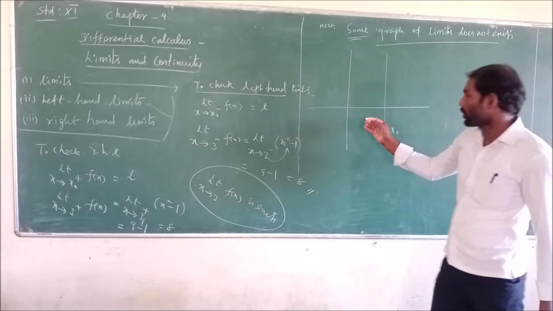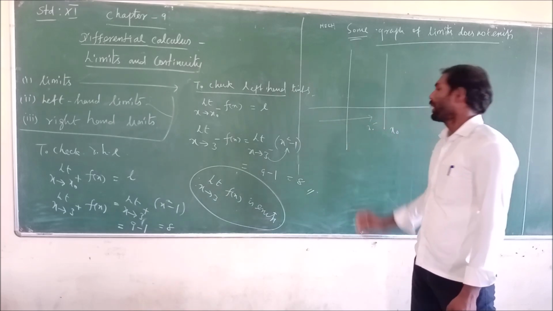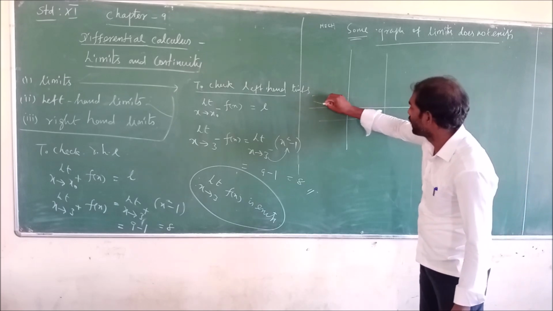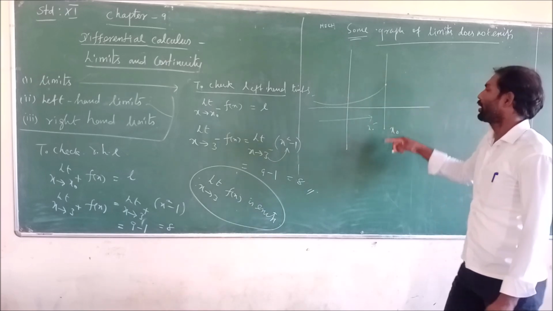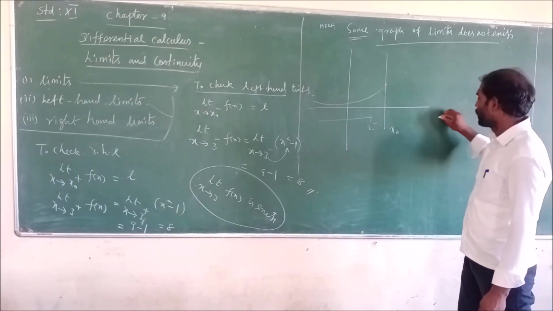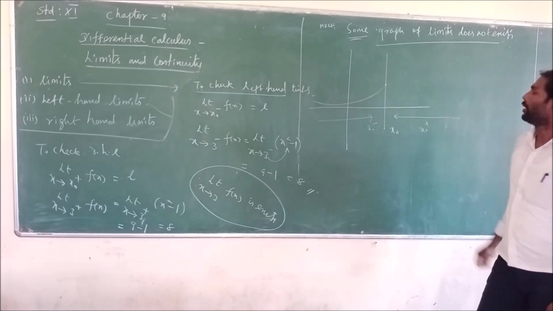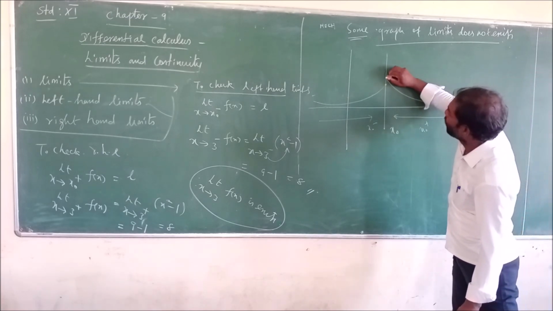The curve approaches the point from the left-hand side, x naught minus, touching the point. Then approaching x naught plus from the right, the curve approaches another point.